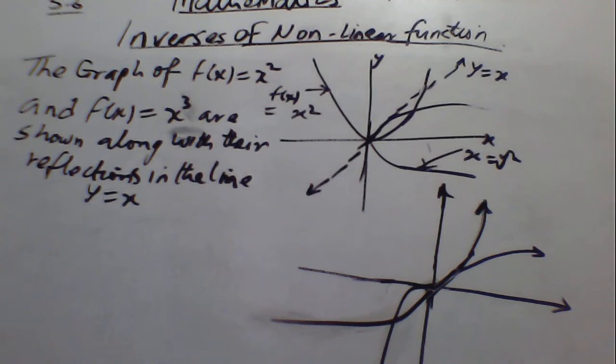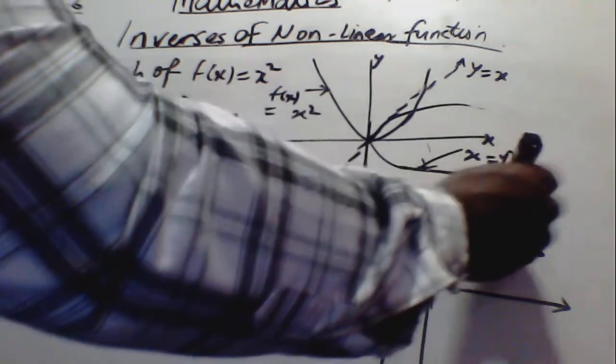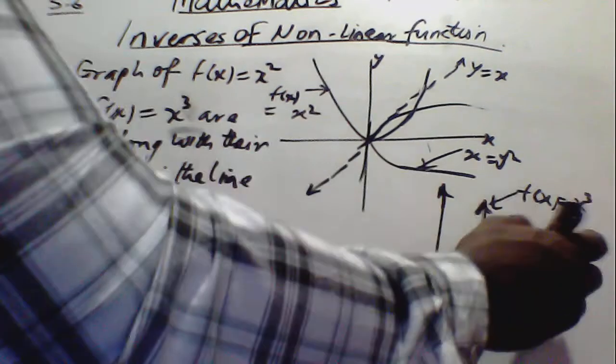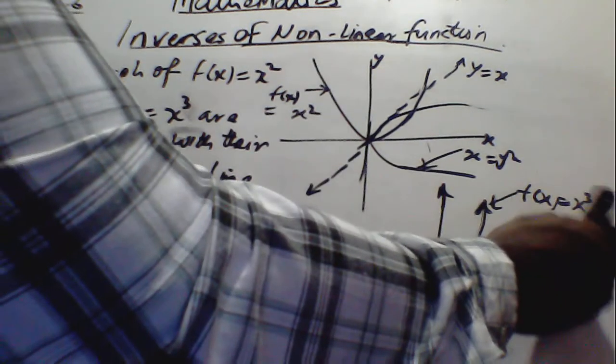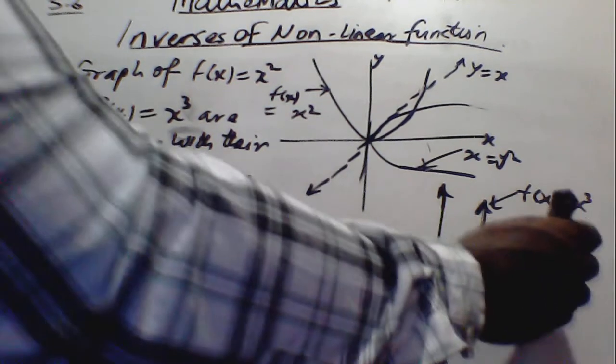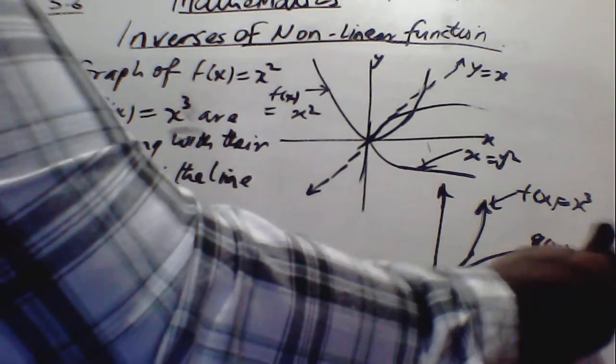So there are a few things I want to explain to you here before we proceed. This line is f of x equals x raised to power 3. This is g of x equals x raised to the power of the cube root of 3.